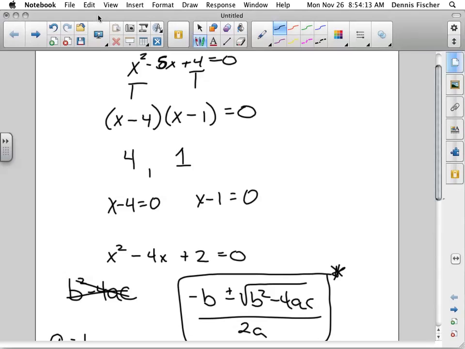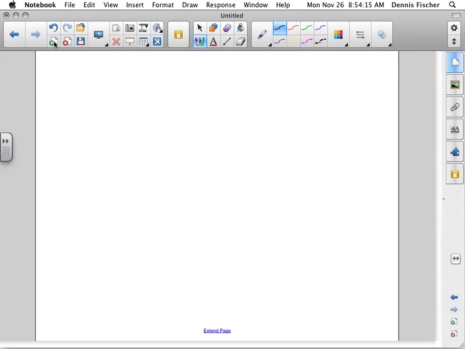Negative 6. So really my equation for this one is y equals mx plus b, y equals 64.3, I think it was, x plus negative 6. There's my equation. That's the equation that best fits that data. That has the least amount of error.